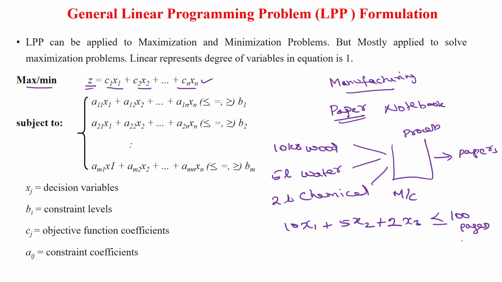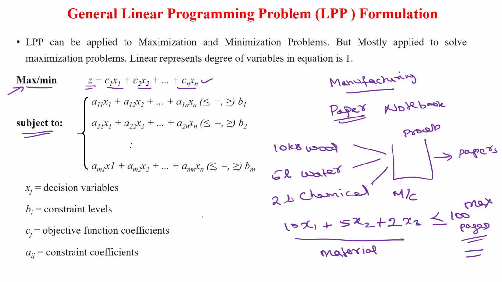That is how we define the equation. When you give this combination of materials, you want to maximize the number of pages. So we are trying to maximize the objective. Our objective here is to improve the number of pages produced.